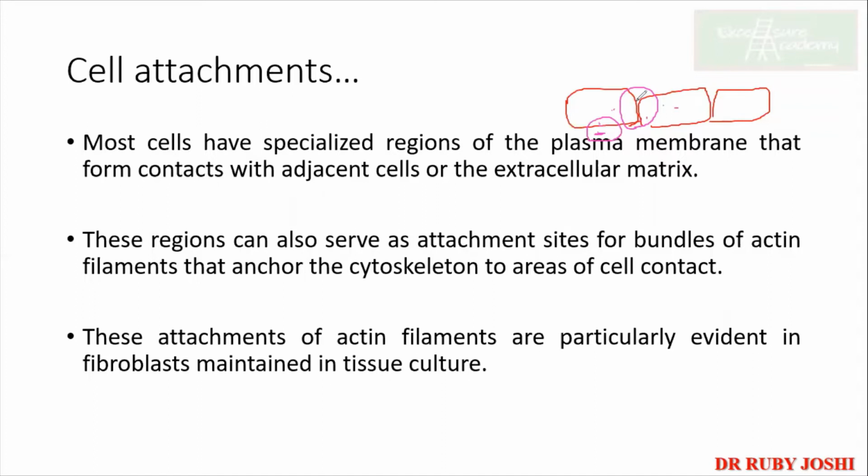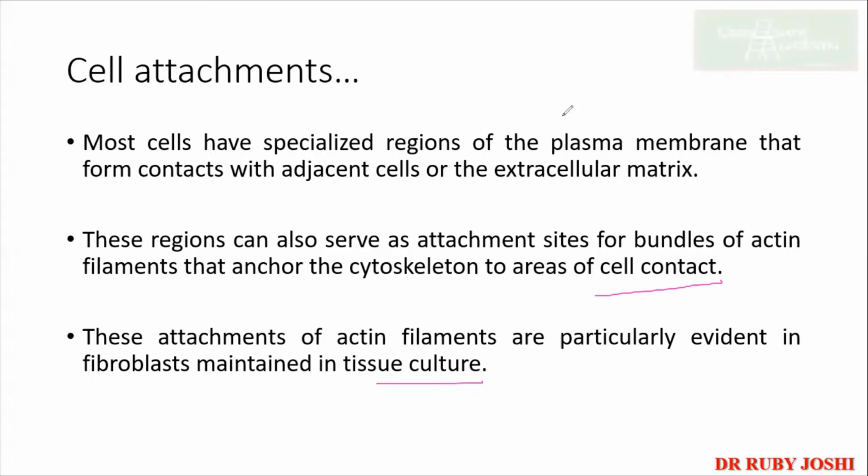Okay. So these regions can also serve as attachment sites for bundles of actin filaments that anchor the cytoskeleton to the areas of the cell contact. Okay, so these attachments of actin filaments are particularly evident in the fibroblast, which is maintained in the tissue culture. So whenever we study anything related to the extracellular matrix, connective tissue, or anything, we always go with the fibroblast.